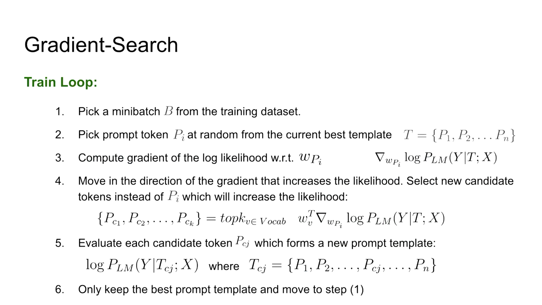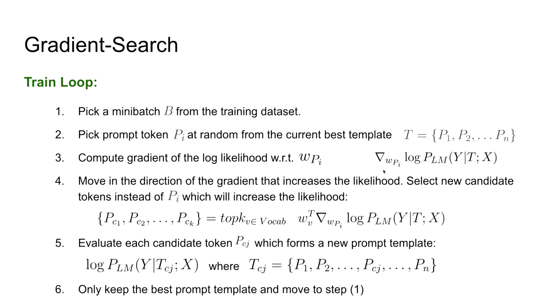To briefly mention what gradient search is doing: we have a training data set, and in each iteration, we select one mini batch of training examples. We have a prompt-based template, and at random, we pick one of its tokens. We call this token p_i. Then we compute the gradient of the likelihood of the language model with respect to the embedding vector for that particular token p_i.